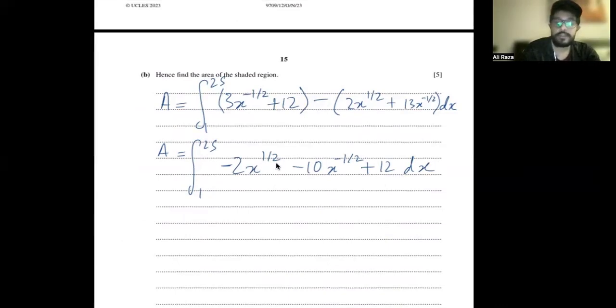So we'll add 1 to the power and divide by the new power. So this simplifies to minus 4 upon 3 x power 3 over 2 minus 20 x power 1 over 2.